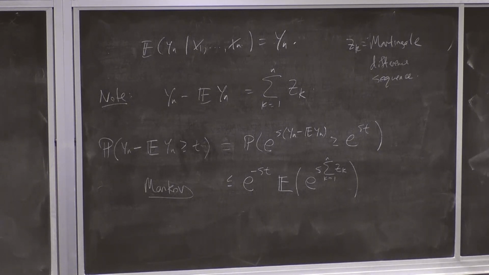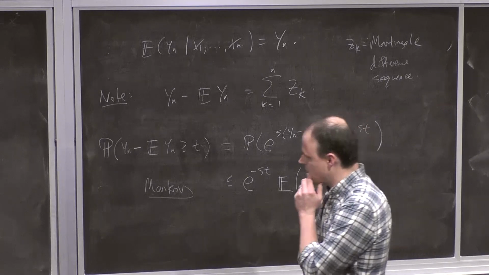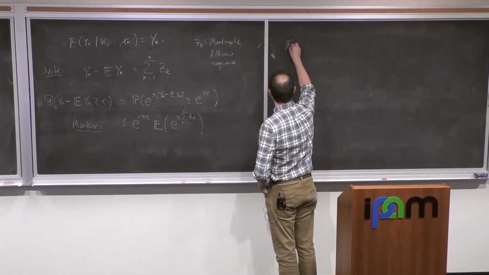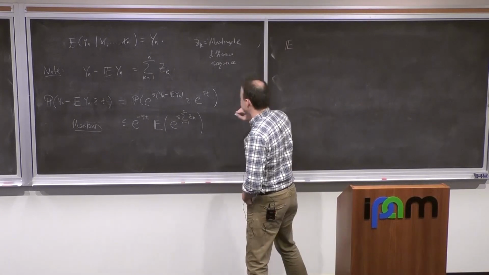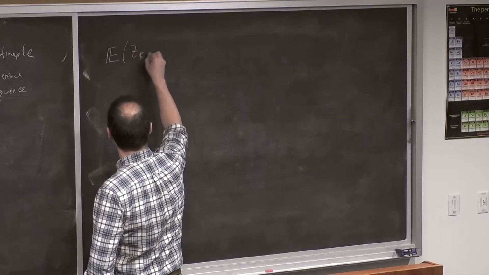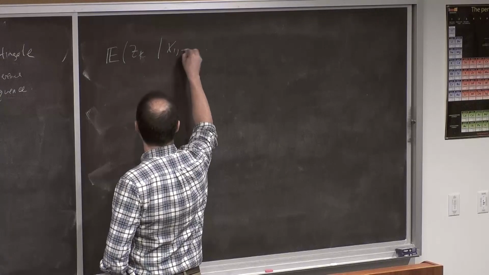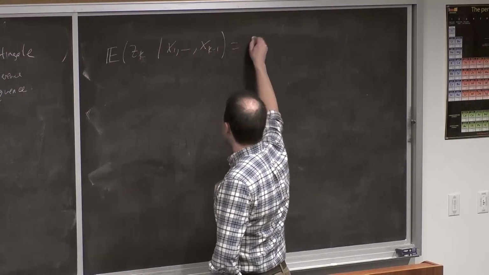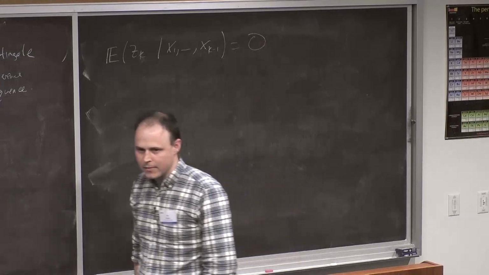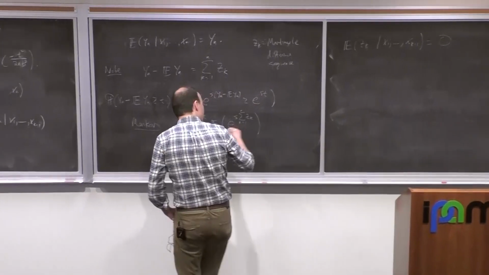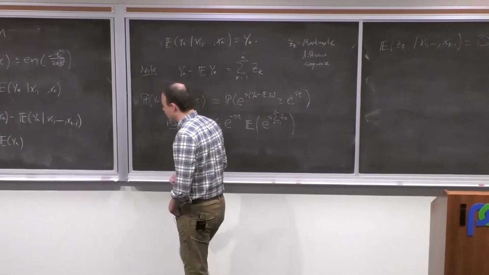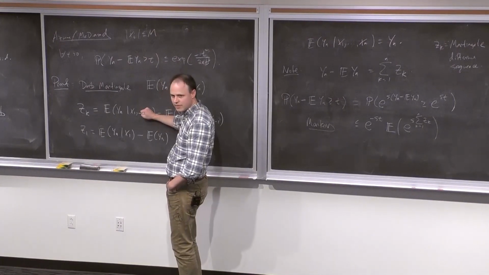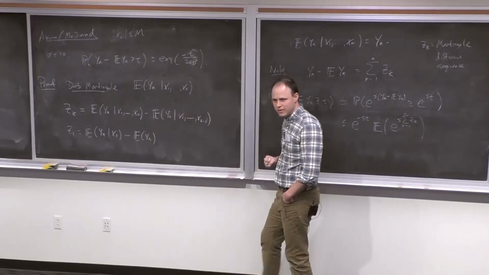Now, two things to prove about zk that maybe I'll leave as a short exercise. The first one is easy, which is that the expectation of zk given x1 through xk minus 1 is equal to 0. So there's 0 mean if you condition on x1 through xk minus 1. The point is that when you condition on that, it's like you remove the xk from here, and it's the difference of two things that are equal.